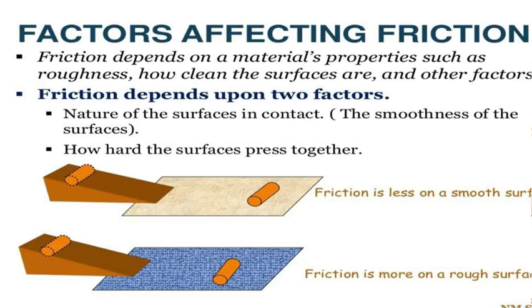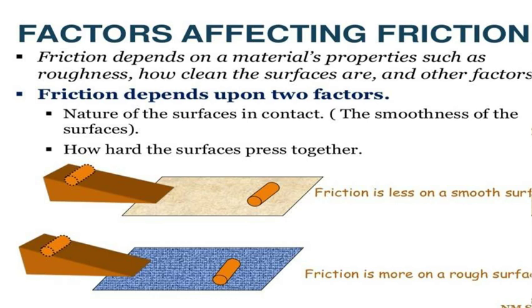Now let's discuss the factors affecting friction. The magnitude of friction between two surfaces depends upon the following factors: nature of the two surfaces in contact, rough or smooth, and the force with which the two surfaces are pressed together.